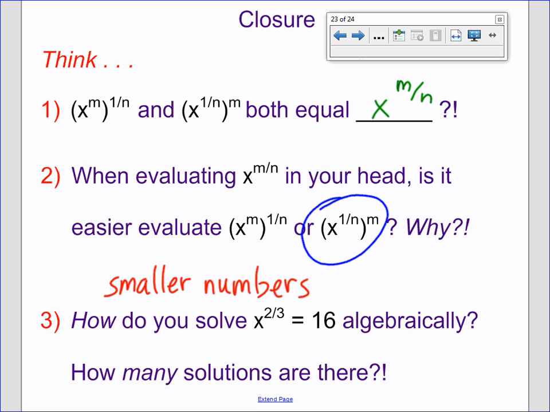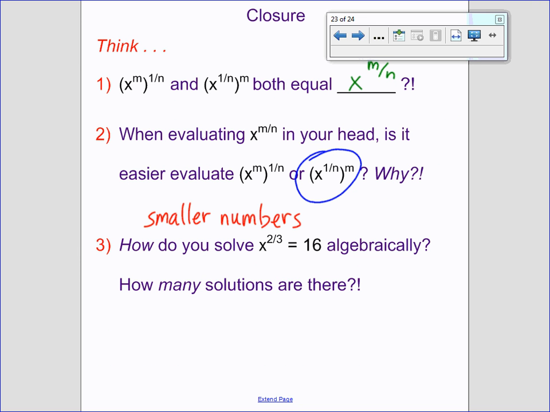And we don't have to solve this, but we want to know what we do procedurally to solve a power equation, x to the 2/3 equals 16. What do we do algebraically to solve this? That is, how do we undo a 2/3 power and get x by itself? Go ahead and tell the class when I call on you. How are we going to undo that 2/3 power? Braden? You do 16 to the 3/2.